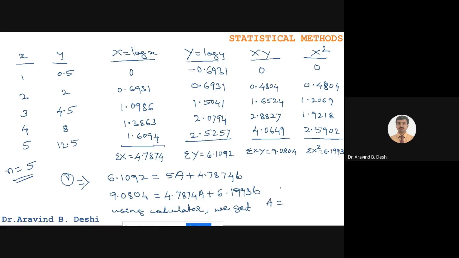Capital A is X value and small b is Y value. Therefore, A equal to minus 0.6932 and b is 2.